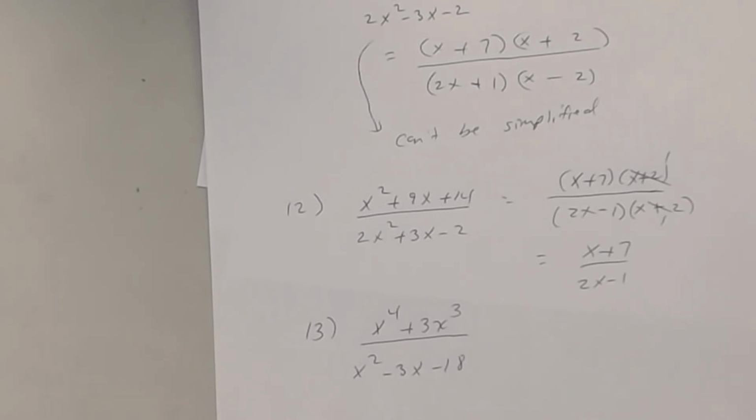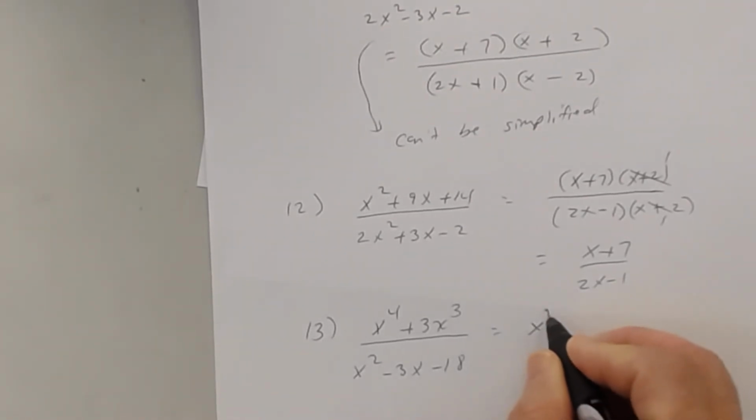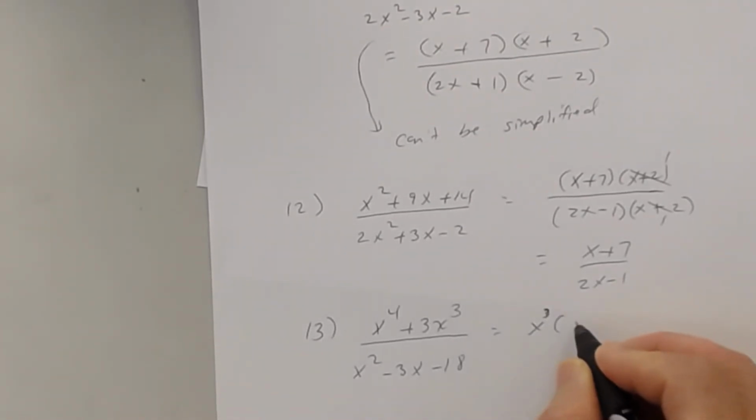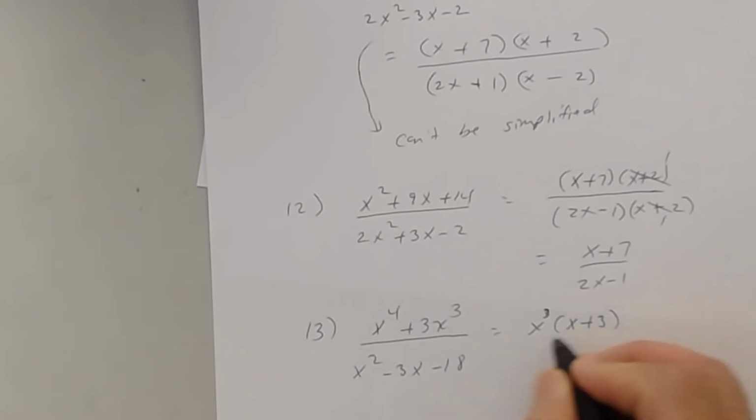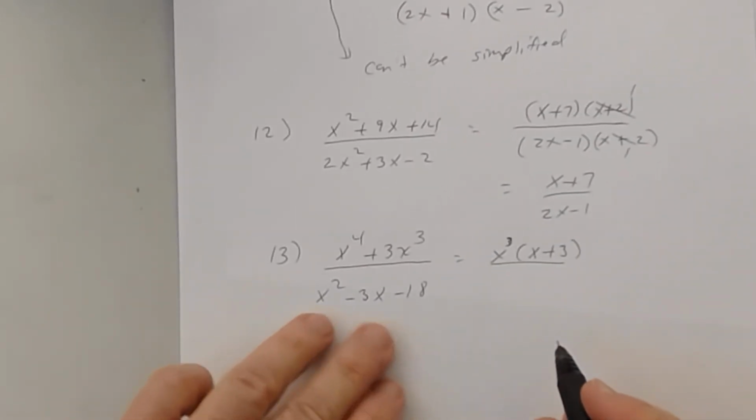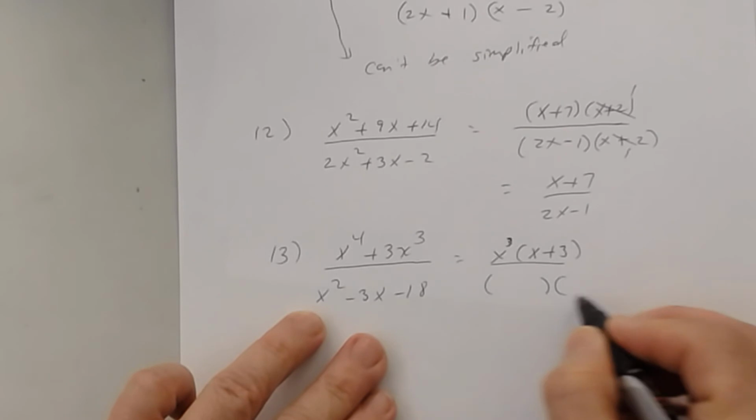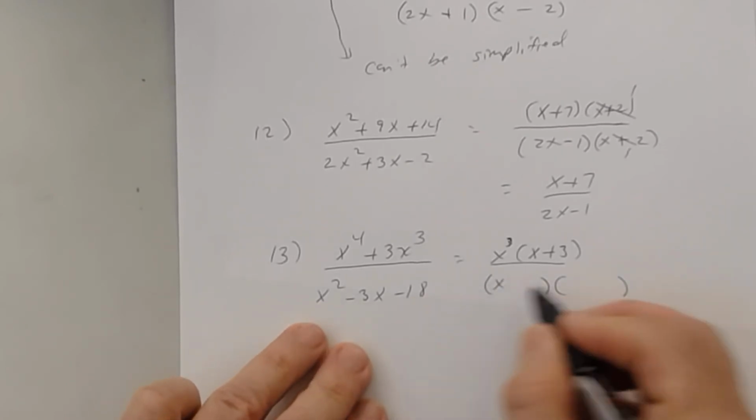All right, what about the numerator? How can you factor that? GCF. What's the GCF? X cubed. Okay, so I get x cubed times what? X plus 3. The denominator, when you factor this trinomial, the GCF is 1, so let's go to the two binomials.